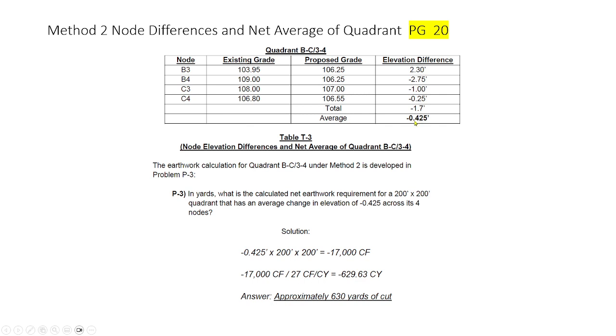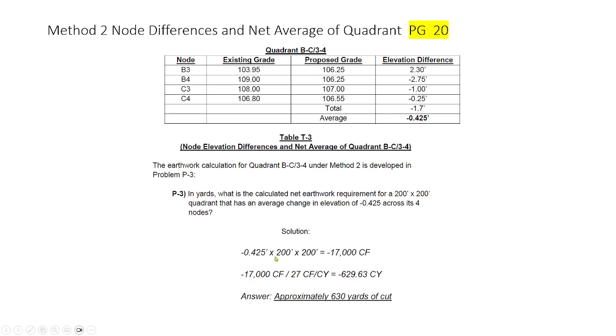0.43. This is why, because I took these same numbers, came up with this, but mine was positive when I did it. They say average change in elevation of minus 0.425 across its four nodes. That means these four.